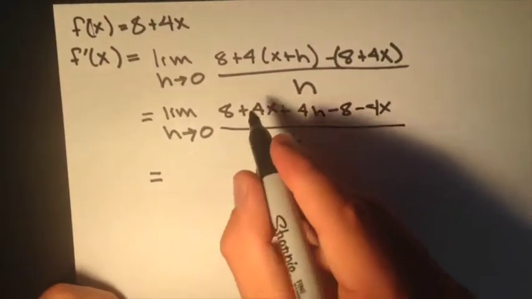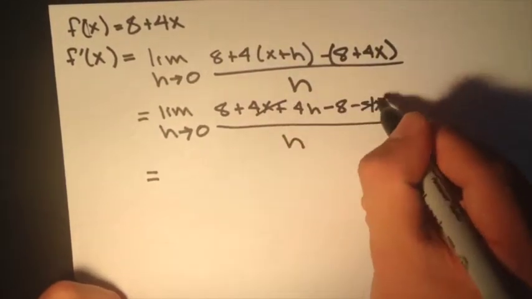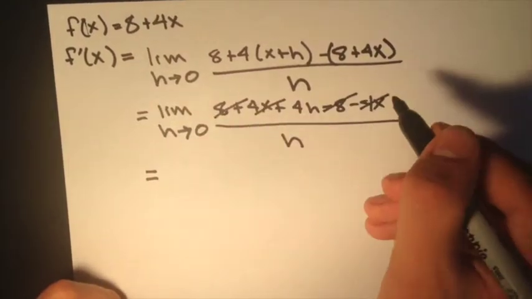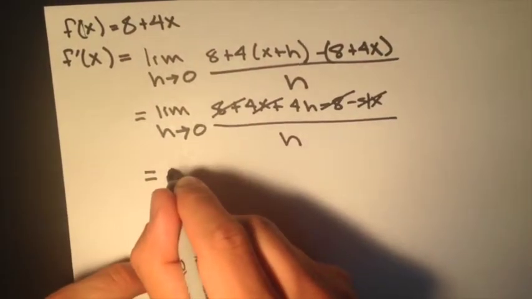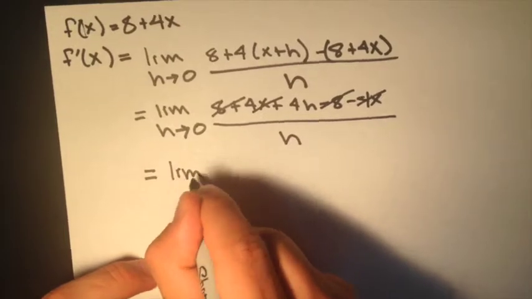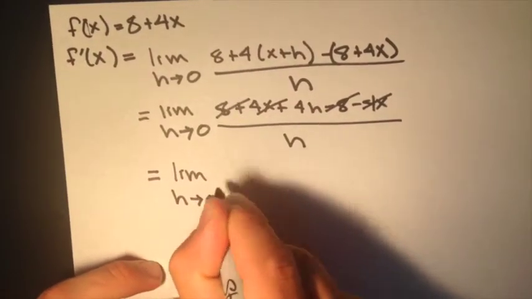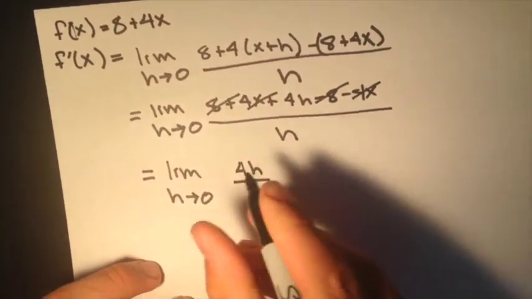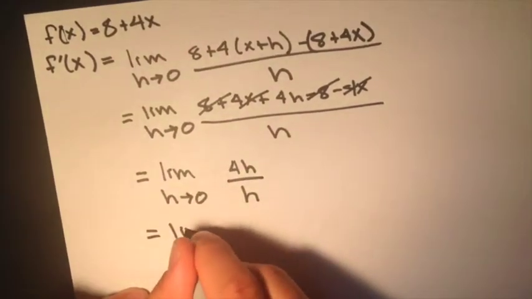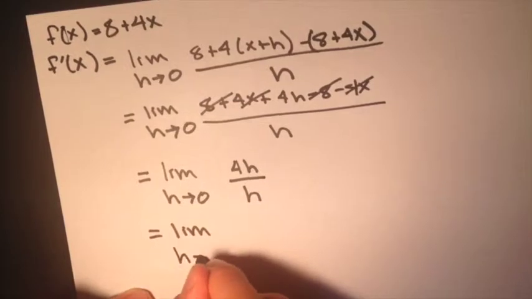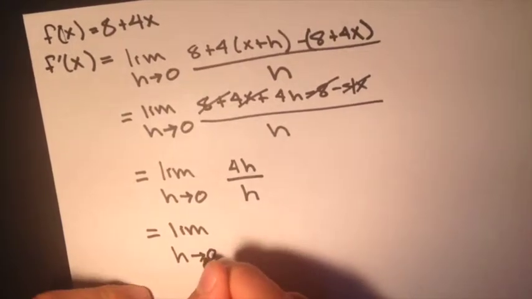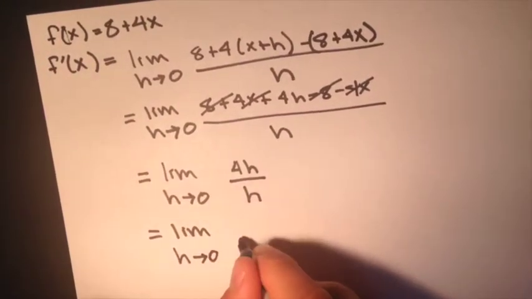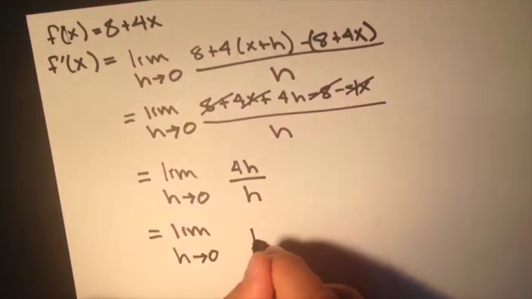From here, we can cross out the 4x's, the 8's, and then we are left with, as the limit of h approaches 0, 4h over h. From here, we can say that the limit as h approaches 0 is 4.